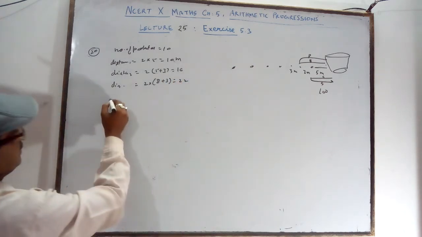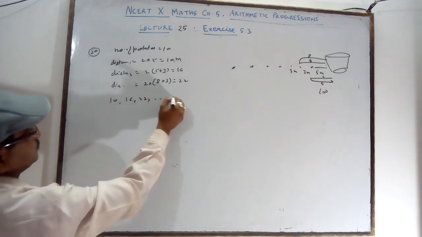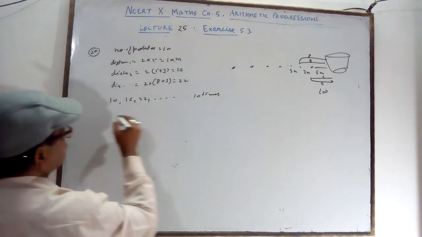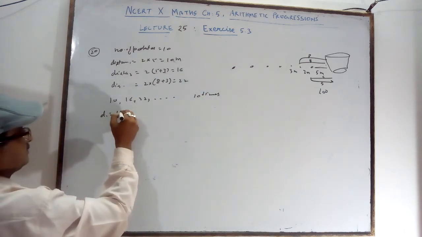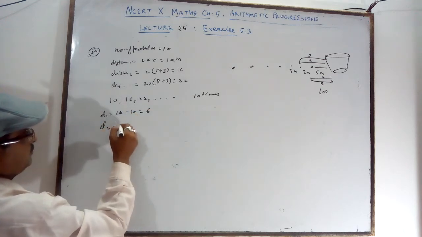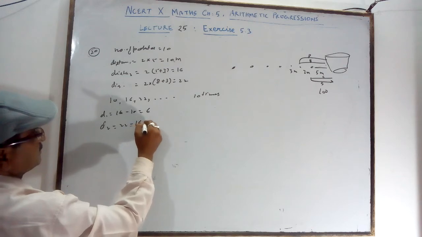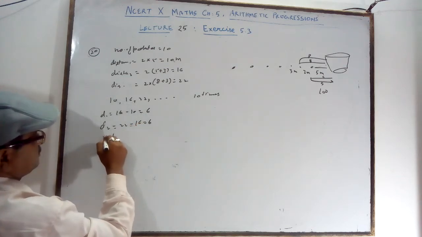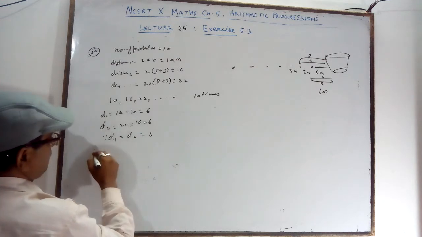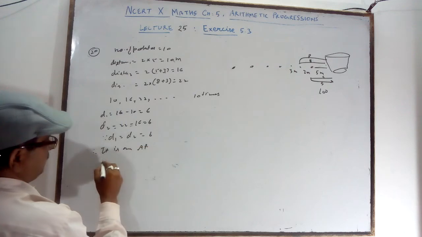So you are getting 10, 16, 22, up to 10 terms. So what is d1? 16 minus 10, that is 6. What is d2? 22 minus 16, which is 6. Because d1 is equal to d2, equal to 6, it is an AP.